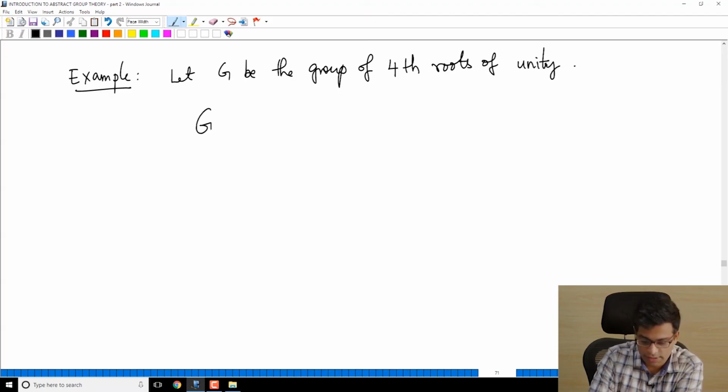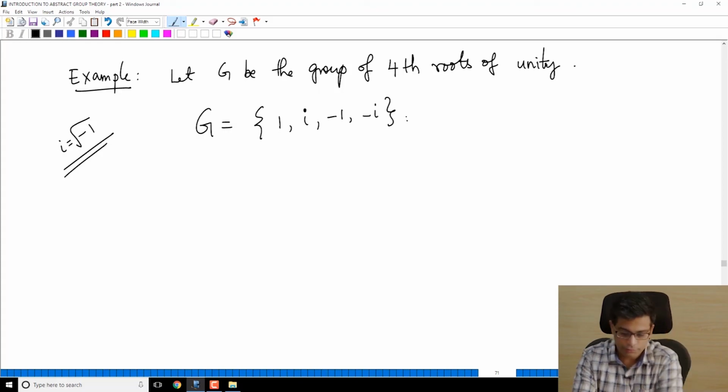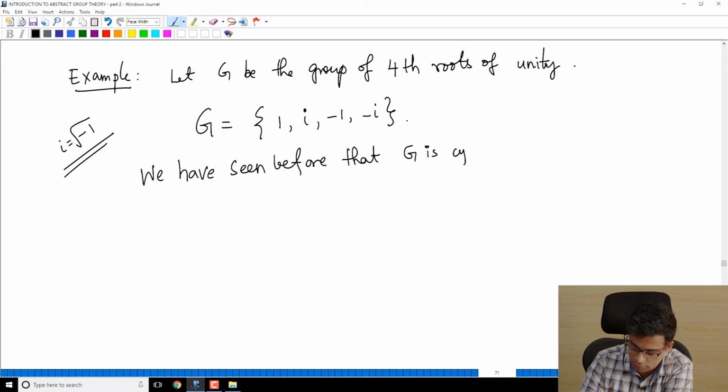What are they? This is a group that we have seen before. This is 1, i being a complex square root of minus 1, minus 1, minus i. We have seen before that G is cyclic and it is of order 4.